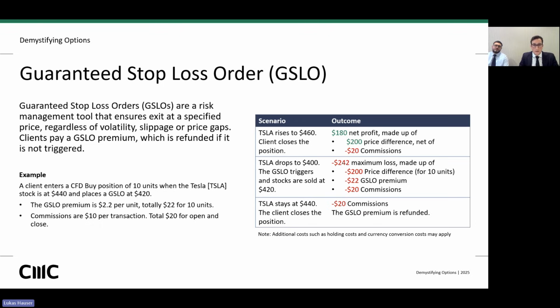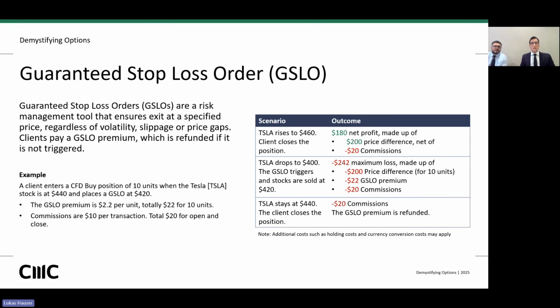Then we need to add the GSLO premium to that, which was $22, but also the commissions. And let's put this into perspective. If we didn't have a GSLO, we would have lost $400 overall because we would have sold at 400, and then we would also need to add the commissions to that.